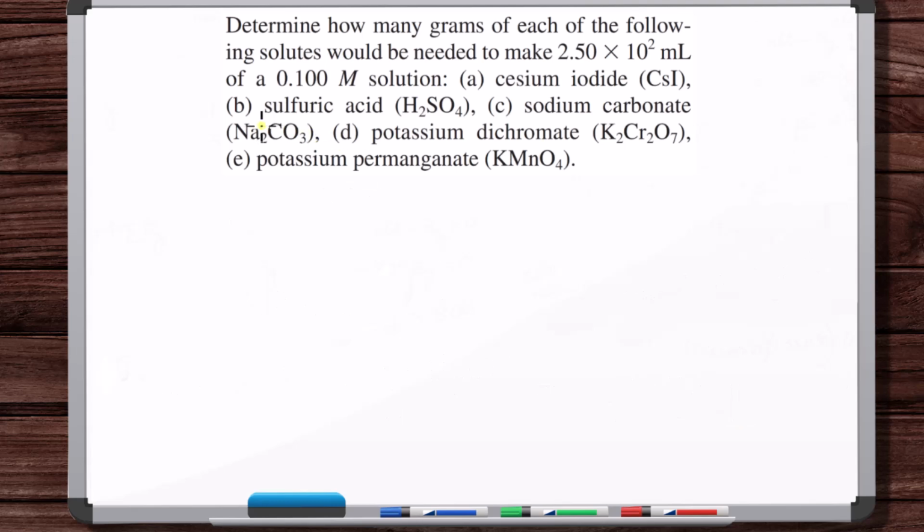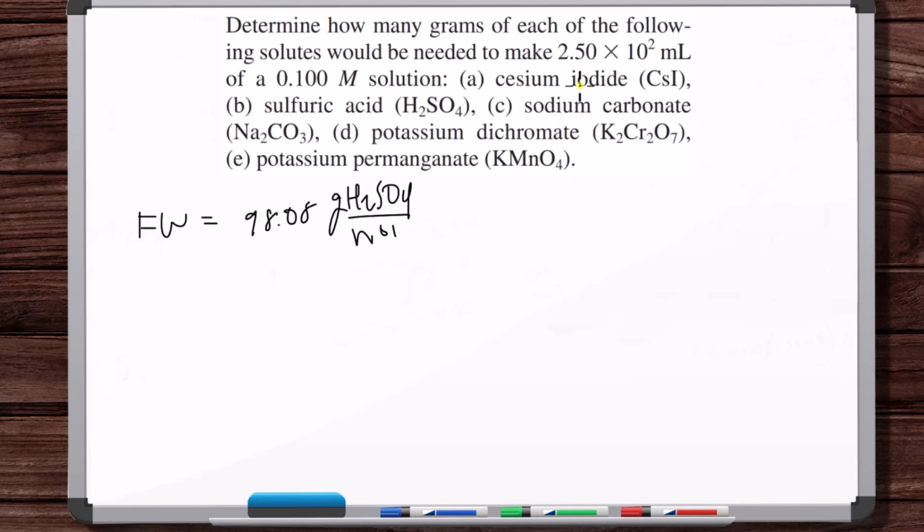Okay, what about part B, sulfuric acid? The formula weight of sulfuric acid is 98.08 grams per mole. Every one of these solutions is going to have a 0.1 molarity concentration of the solute in this volume.